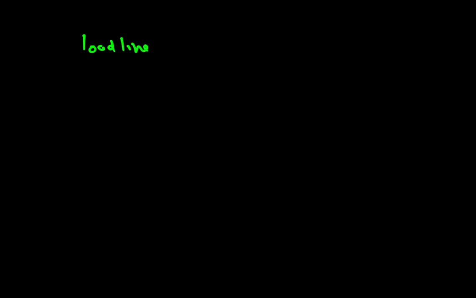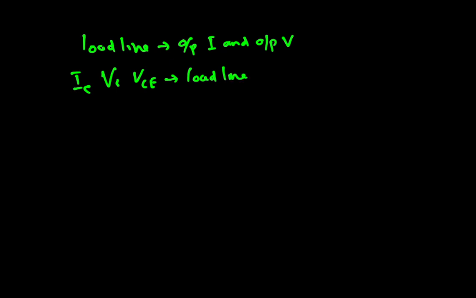So the load line is the graphical representation of output current and output voltage of a transistor circuit, and we have seen that in the case of a transistor in zero signal condition, the IC versus VCE is called the load line. We call it the load line, which gives all the information provided by the output characteristics of a circuit.